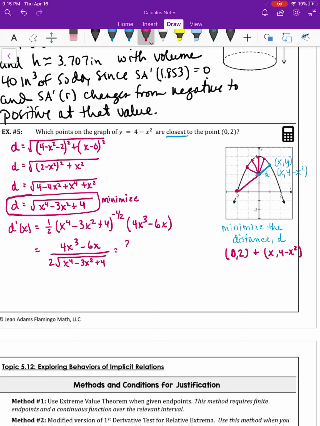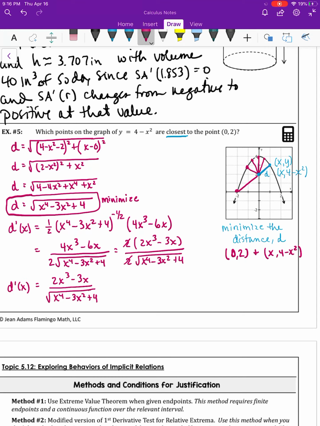And then I want to write this 4x cubed minus 6x over 2 times the square root of x to the 4th minus 3x squared plus 4. And I see that I can factor a 2 out of this numerator, and then it will cancel with the 2 that I have here in the denominator.